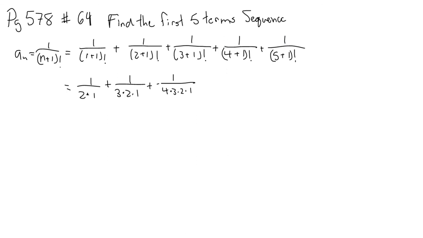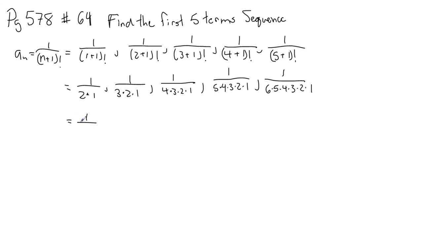I don't need additions. That would be a series. And so I've just made a slight mistake. I'm going to cancel out those plus signs, and I'm just going to put commas here. I'm going to do the same right here. I just don't want to make a mistake longer than I have to. So I've got another comma there. This one will be 5 times 4 times 3 times 2 times 1. And then this last one will be 1 over 6 times 5 times 4 times 3 times 2 times 1.